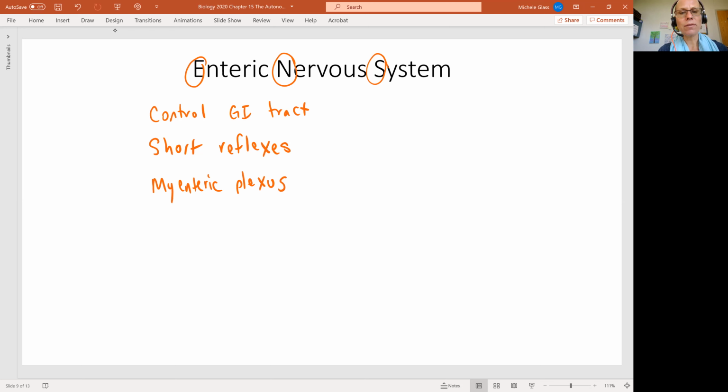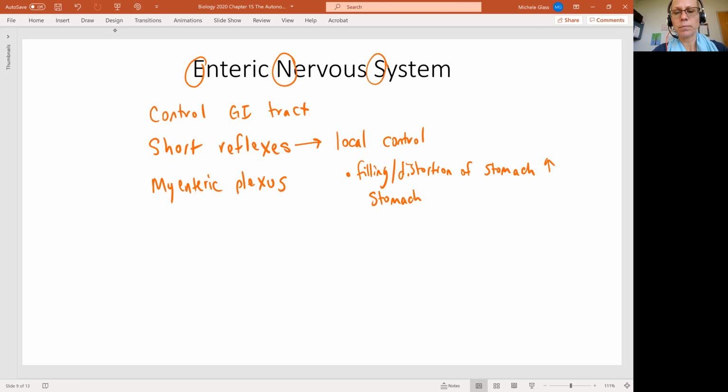And so when we have short reflexes, what we're really talking about is a very localized control of the organs. For instance, here, what we'll see is just the filling or distortion of the stomach. Here's one example: it is going to increase stomach motility.